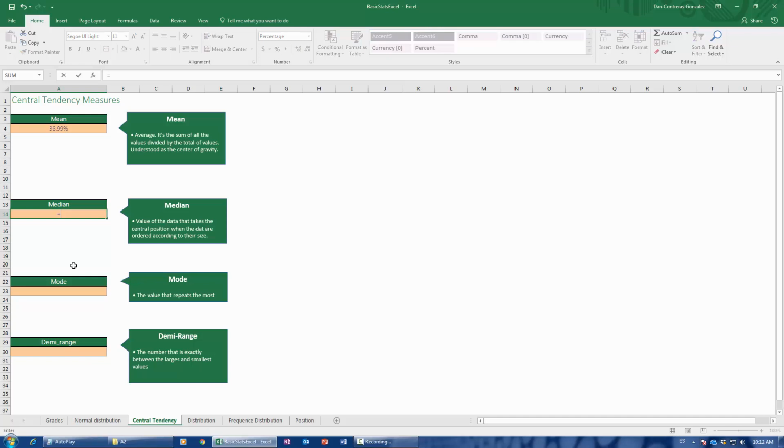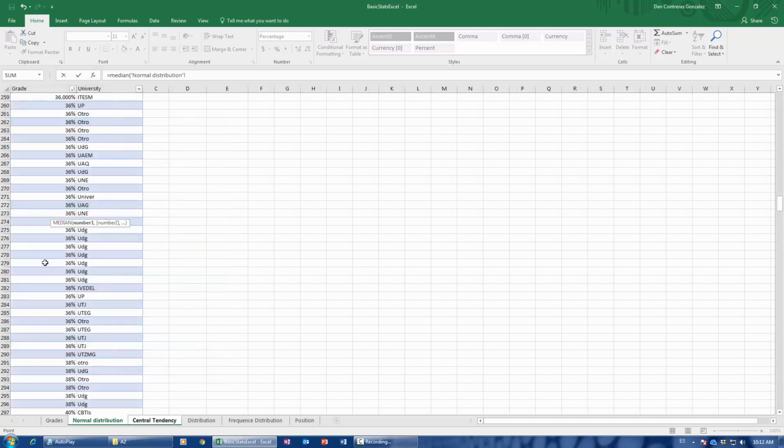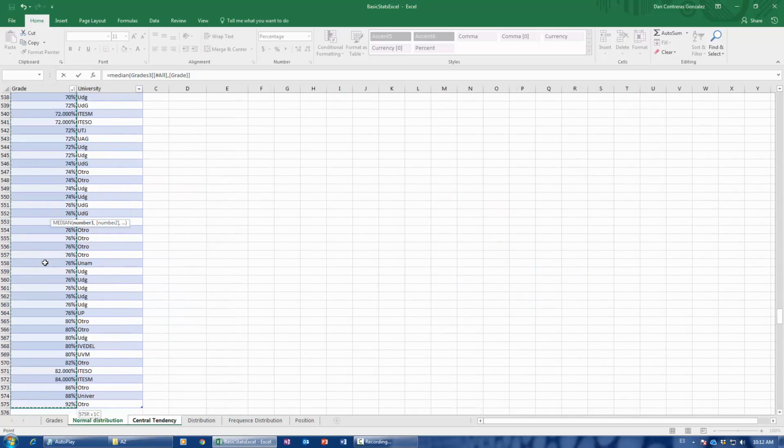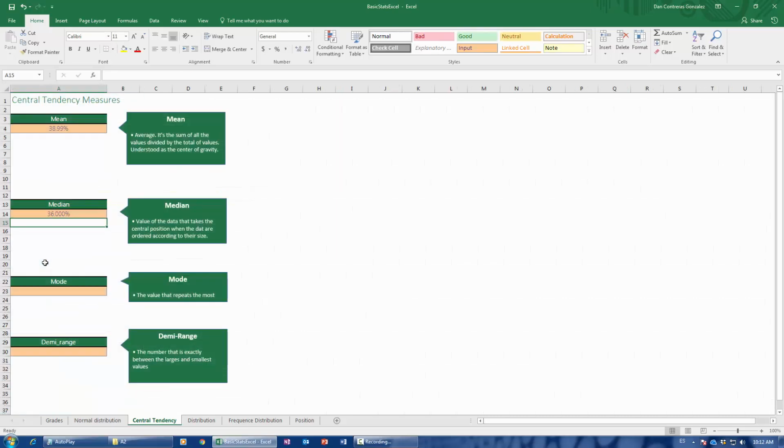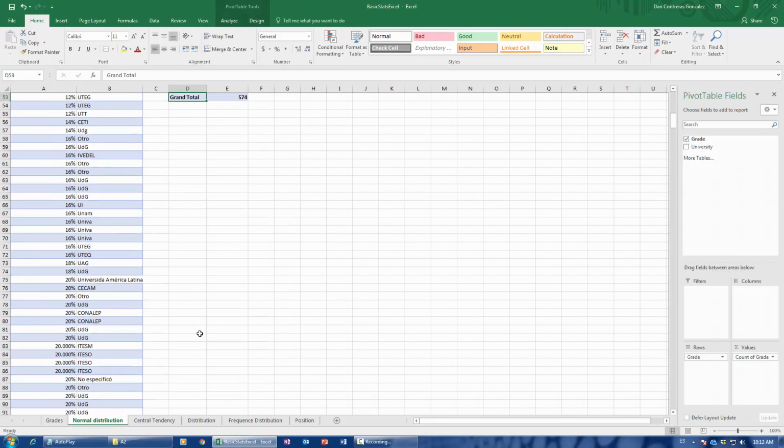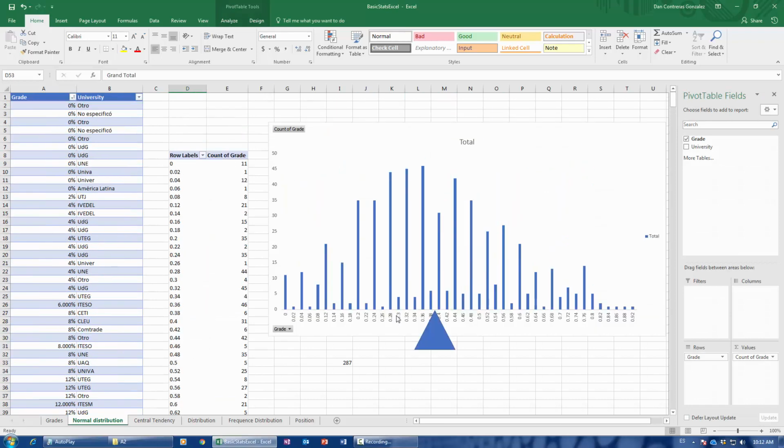Excel has a trusty formula called MEDIAN. You guessed it. They're not big on creativity up there at Microsoft, so don't expect any fancy names for the formulas. Just apply the median to all of the data that you have, and notice that we get 36%. So the guy at the very middle is right here at 36%.